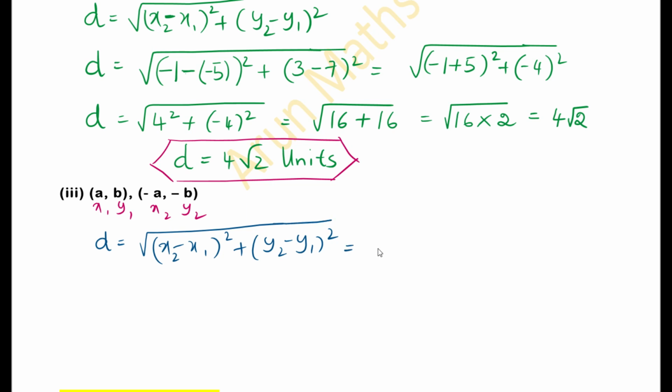Now substitute it. What is x2? x2 is minus a and minus in the formula as it is. What is x1? x1 is a whole square. Now what is y2? y2 is minus b, formula minus, and y1 is b as it is whole square.